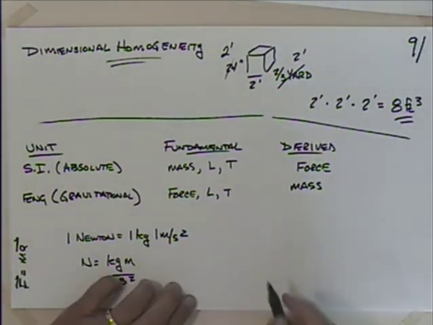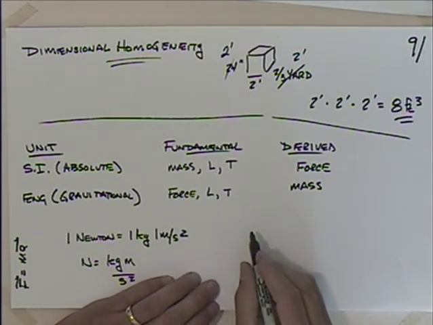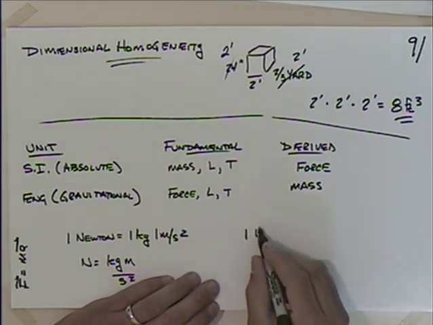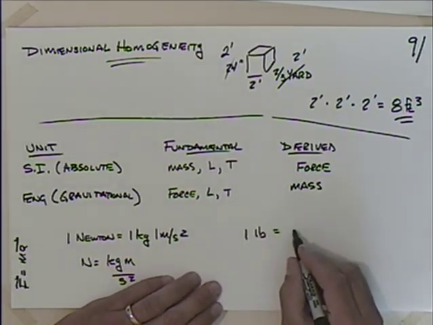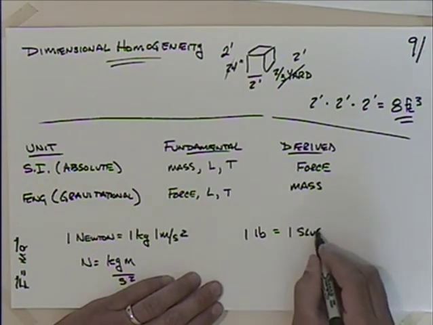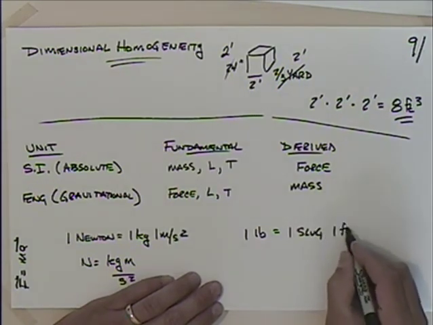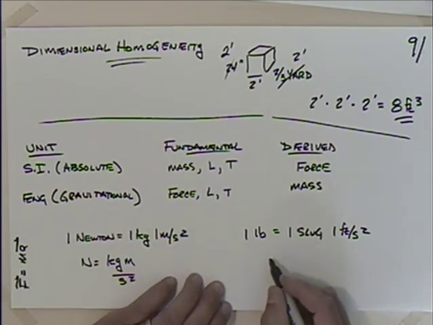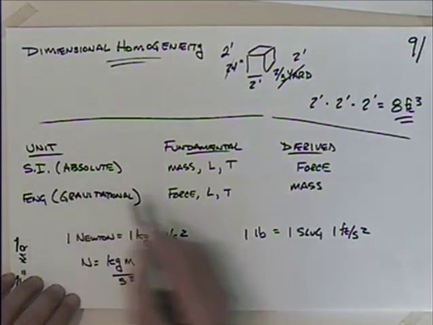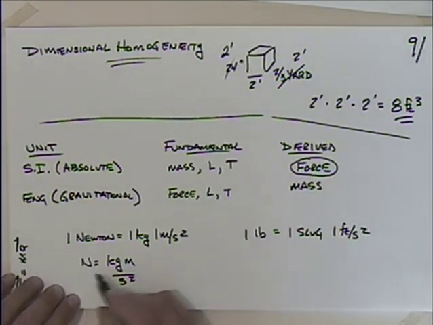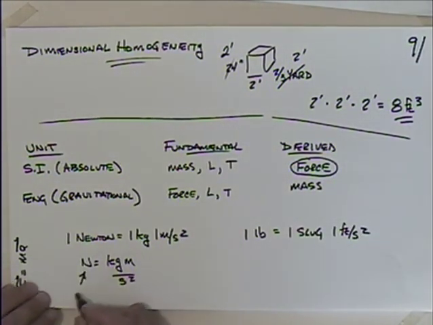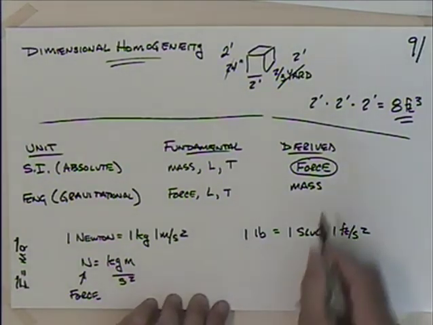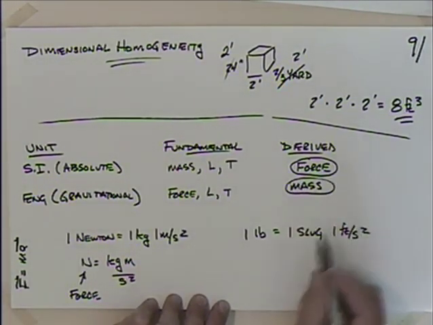Well, what about the English system? Well, here with the English system, I would say that 1 pound would equal 1 slug times 1 foot per second squared. And then I solve for the slug, because here in the metric system I solve for force. This is force. Here, in the English system, I'm going to solve for mass.